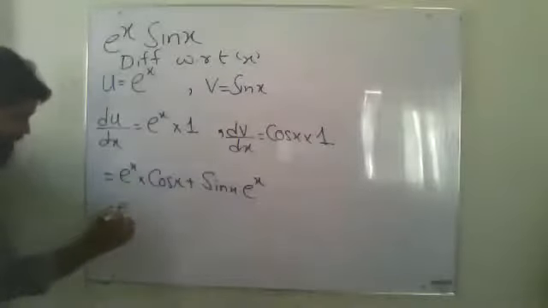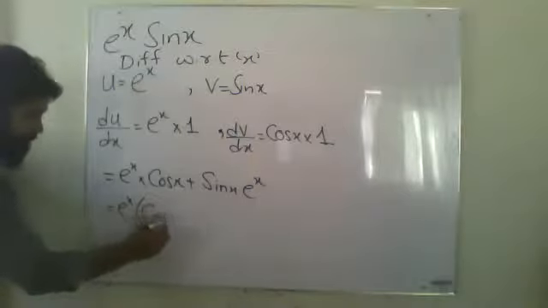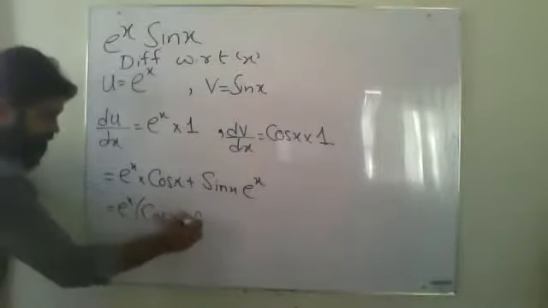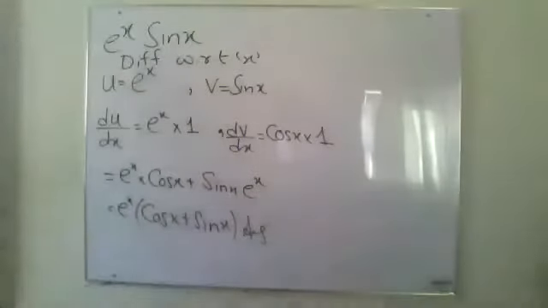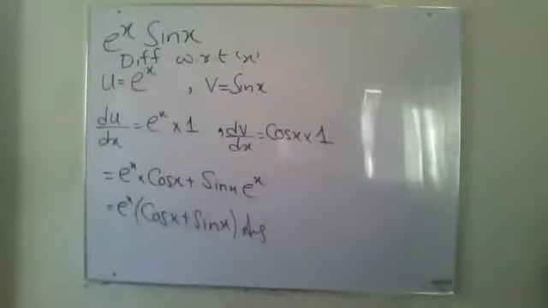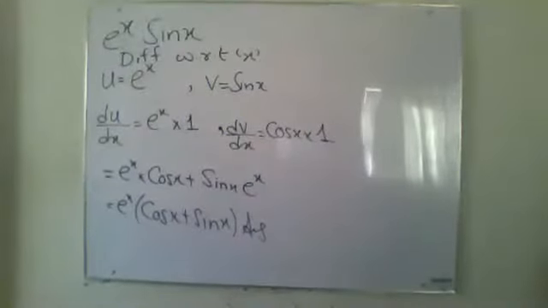The only thing I can do over here is take e to the power x common, and e^x times cos x plus sin x can be my final answer. These are all types of questions of differentiation which can be done by product law.